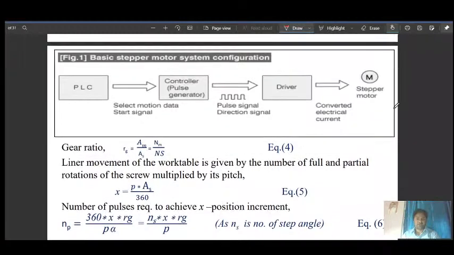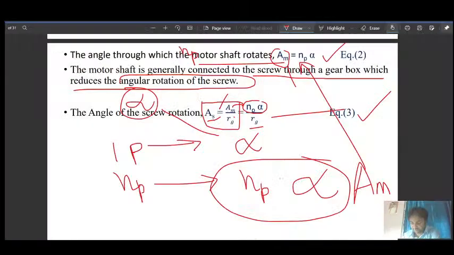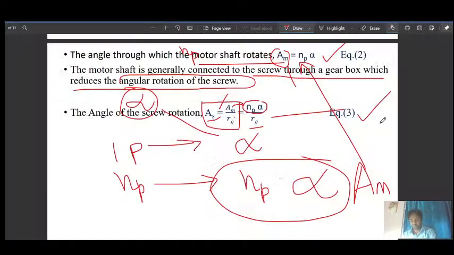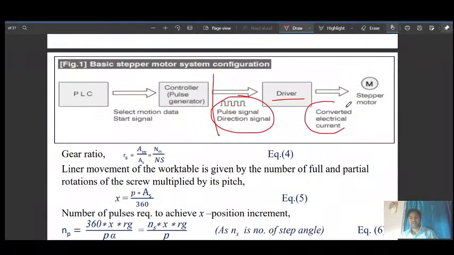So again, see here what we have: pulse signal and direction, a driver that converts the electrical signal, and then the electrical signal goes to the motor. After that we have what?